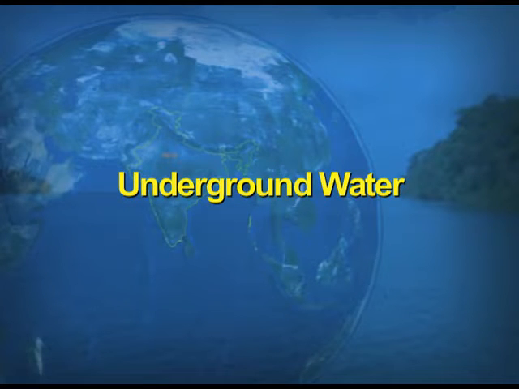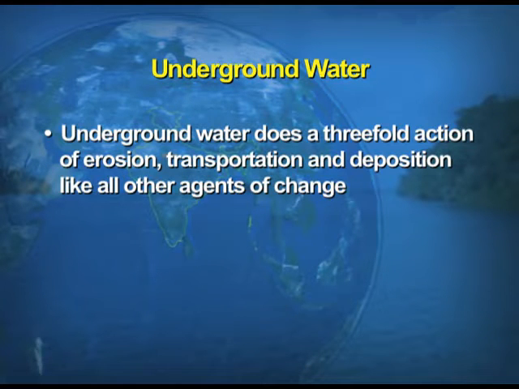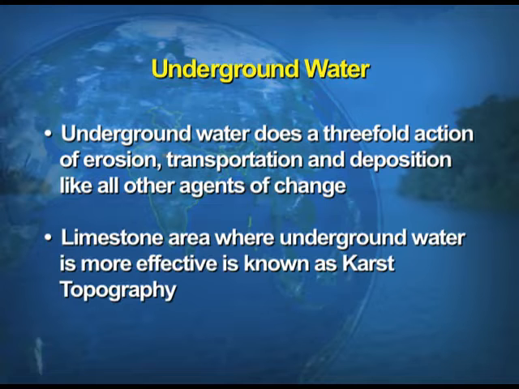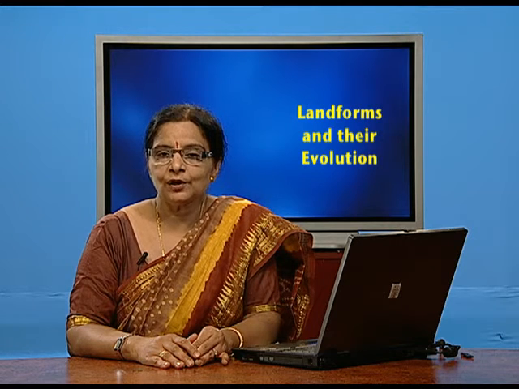Underground water does a threefold action of erosion, transportation and deposition, like all other agents of gradation. Limestone area where the underground water is very effective is known as karst topography. Now, the erosional work of underground water.